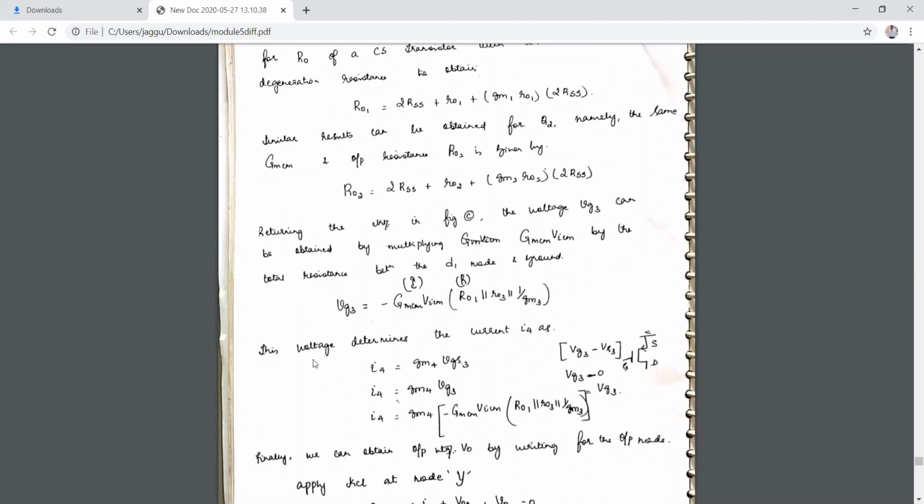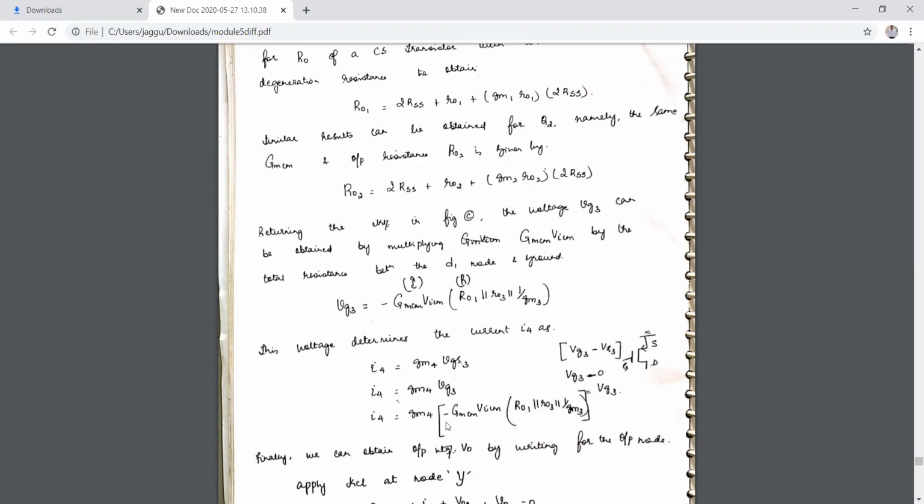Now I4: this voltage determines the current I4 as I4 is equal to Gm4 into VGS3. VGS3 is the gate to source voltage, which can be written as gate voltage minus source voltage. Since the source is at ground potential, it is the same.